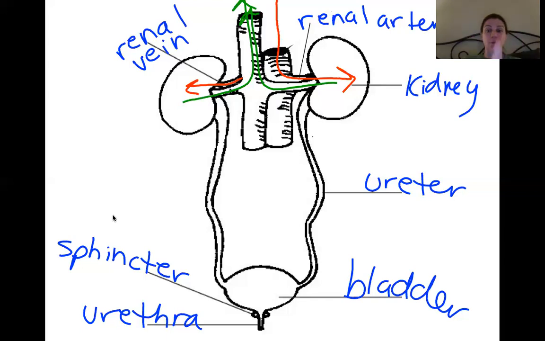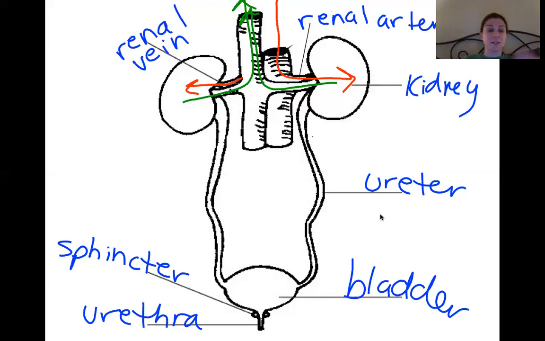Okay. So just a quick recap. The kidney is how we are filtering waste out of the blood. Remember, everything gets ripped out of the blood and only the good stuff enters back into the blood. So the urea and the urine come down the ureter, and they're stored in the bladder until ultimately they pass out of the body through the urethra.